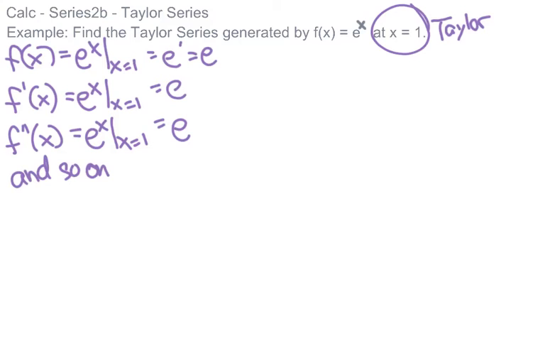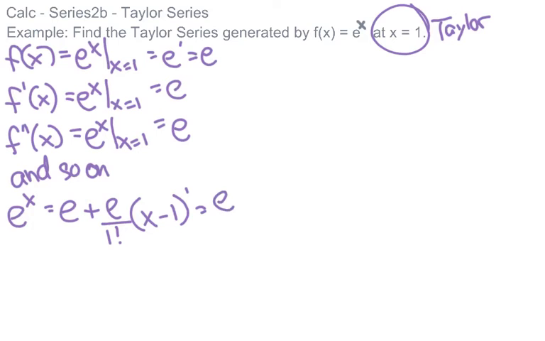All right, now in your booklet, we have the space below here. So we'll just write that e to the x is equal to e plus the coefficient of e over 1 factorial, which I don't have to write, but I just show you because of the pattern. And then the third term, but the second order, is e over 2 factorial times x minus 1 to the 2.